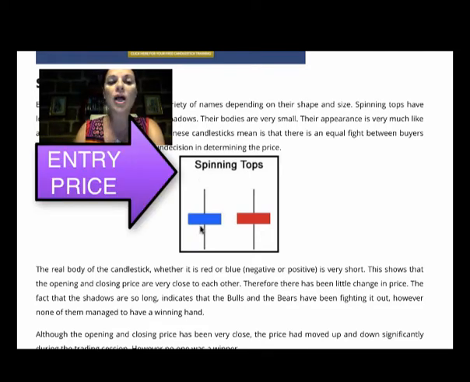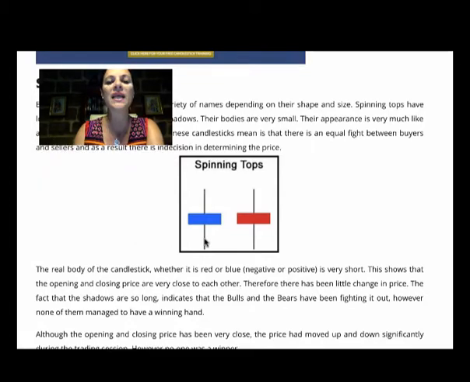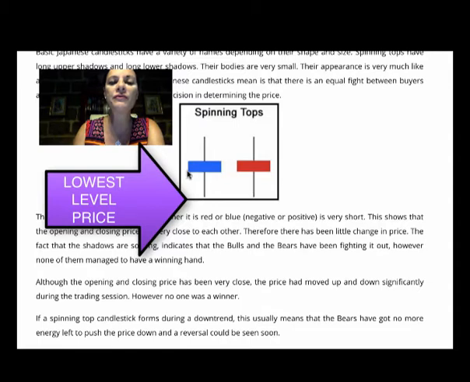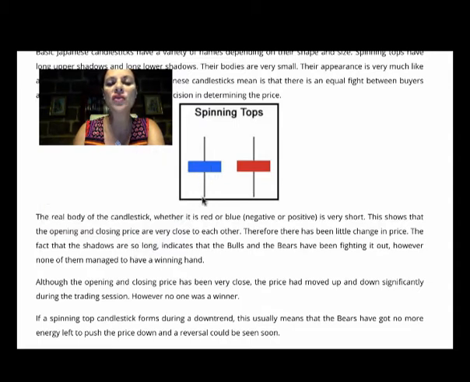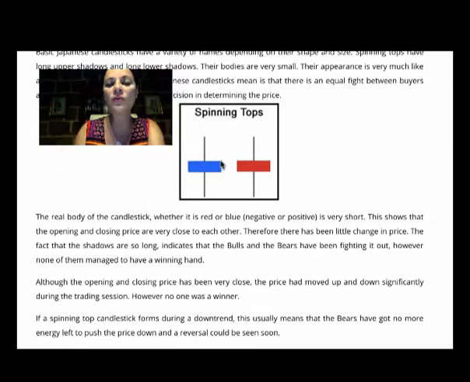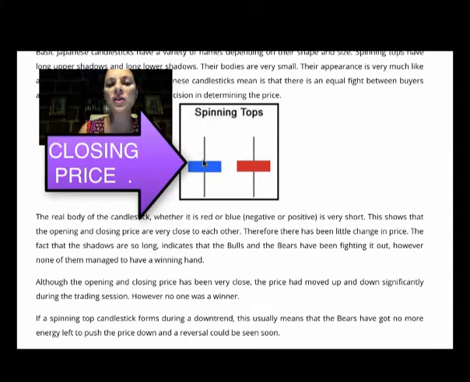But when we have long top and bottom shadows, they always tell us something. In this particular case, the spinning top has a very small real body, but it means that the trading session entered at this price and went all the way up to this price, but closed very close to the starting price.